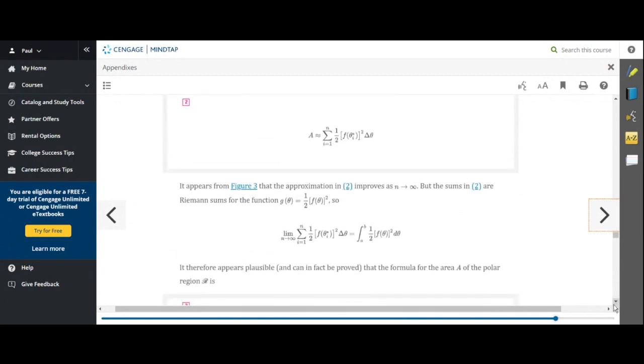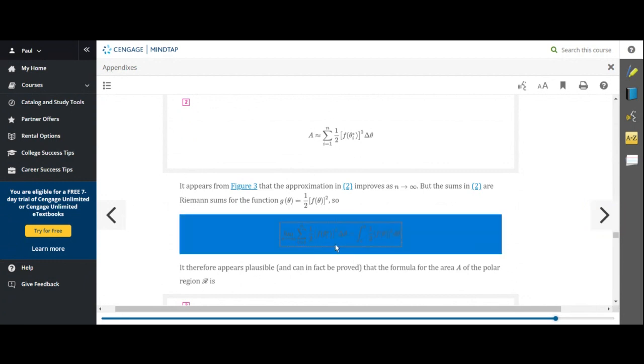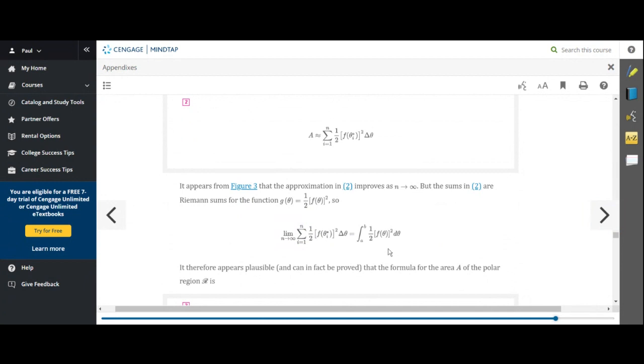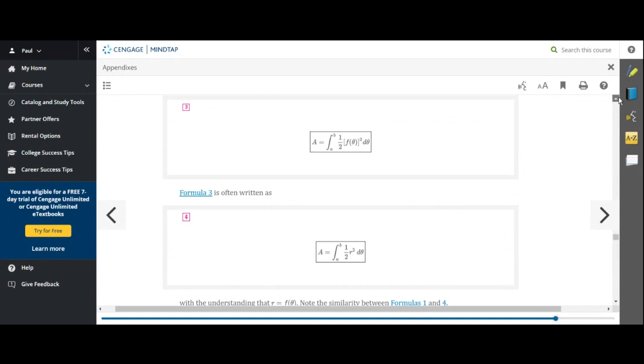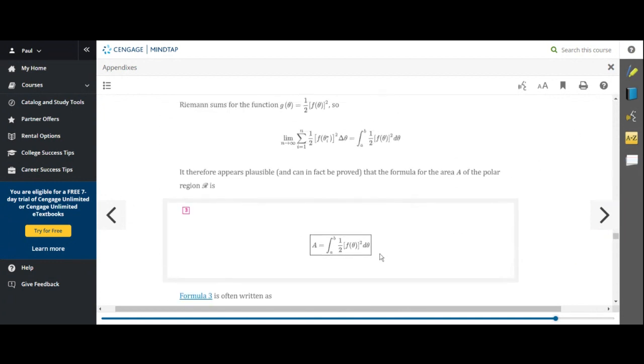And so the area under the polar graph from theta equals a to theta equals b will equal the integral from a to b of 1/2 times f of theta quantity squared d theta. So the Riemann sum turns into the integral, and this gets you your formula. Are there any questions so far?